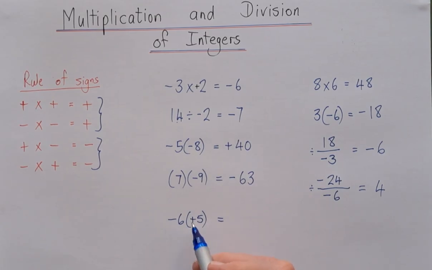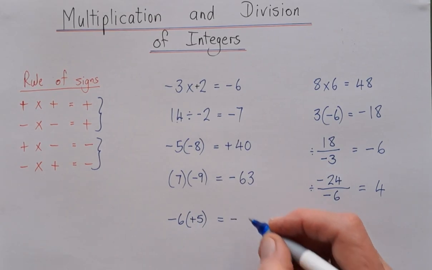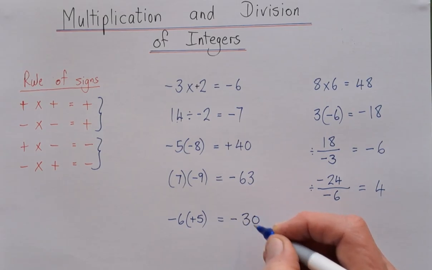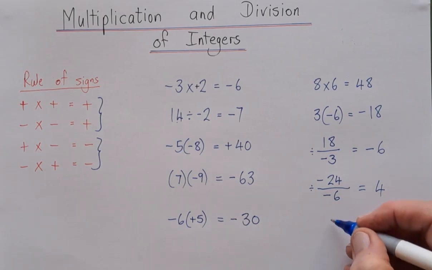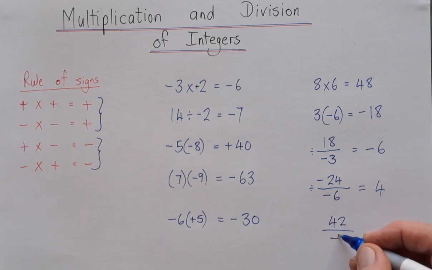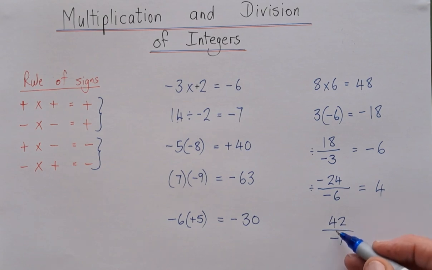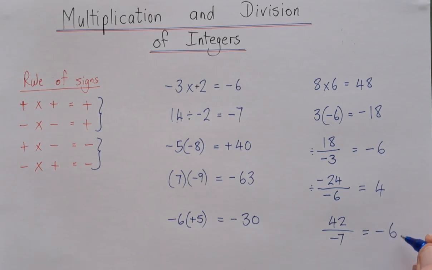So I've got negative times positive is negative. 6 times 5 is 30. And the last one, 42 over negative 7. What does that actually mean? 42 divided by negative 7. So no sign in front of it means it's automatically positive. Positive divided by negative is negative. 42 divided by 7 is 6. And that is how easy it is to multiply and divide integers.